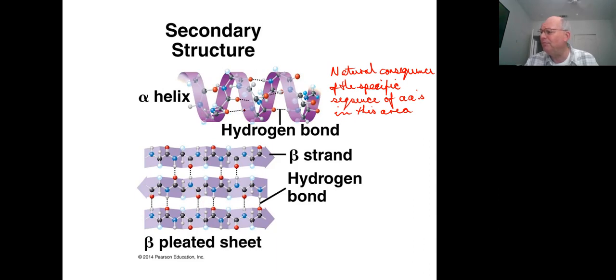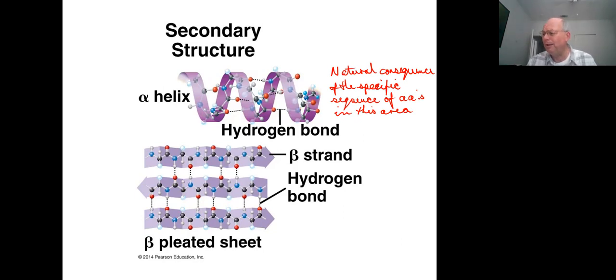So you can see here a hydrogen bond linking the adjacent turns of the helix together. And while a hydrogen bond is not particularly strong, remember, having lots of hydrogen bonds or even a few hydrogen bonds provides a stabilizing force, just as we saw in water, so we see it here. The presence of these hydrogen bonds stabilizes the alpha helix so that it doesn't fall apart.